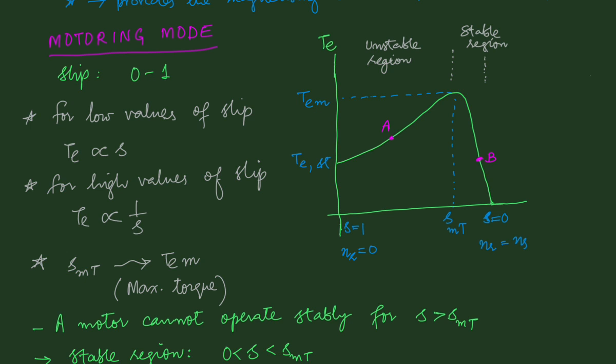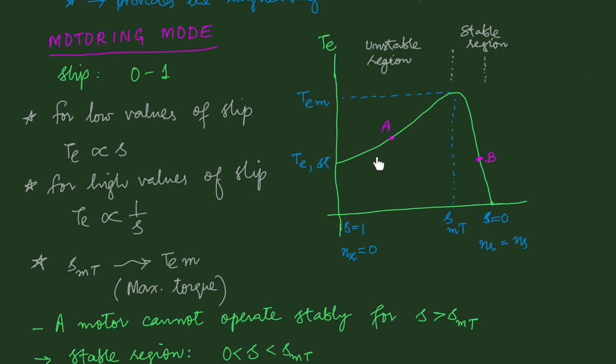Now it is clear that in the torque slip characteristic in this region, with increasing slip, the torque is also increasing. In other words, with decreasing speed, the torque is increasing in this region. And it is only this region which is the stable region of operation. The motor normally operates in this region.